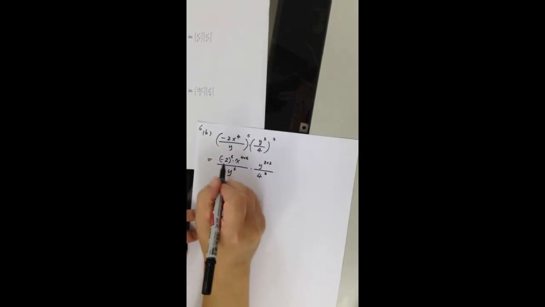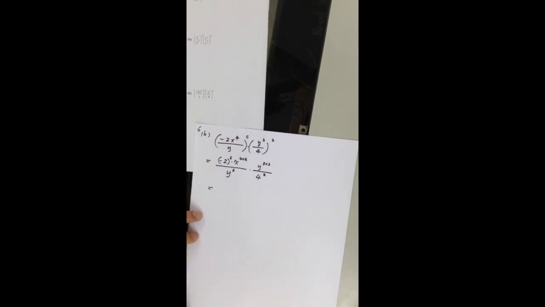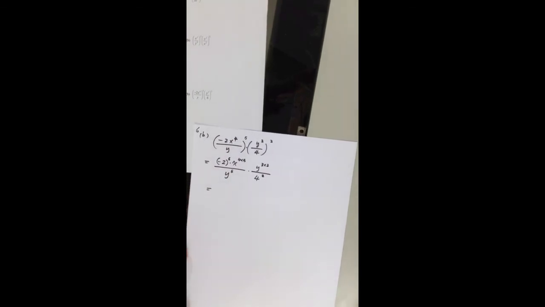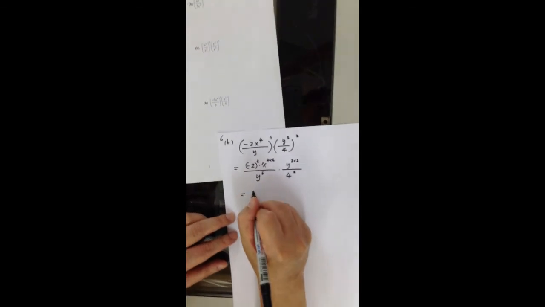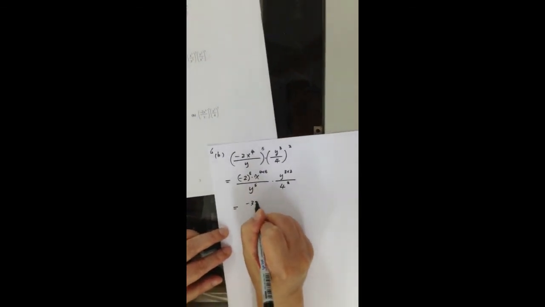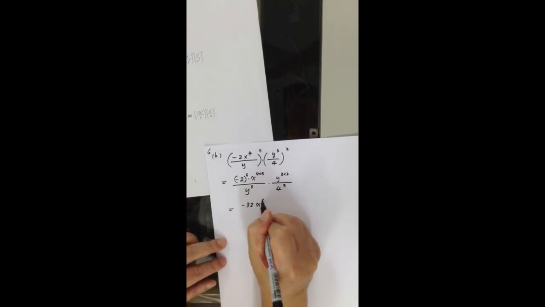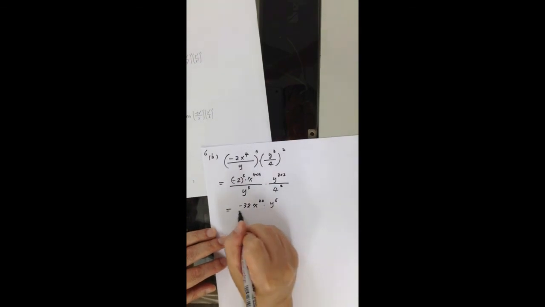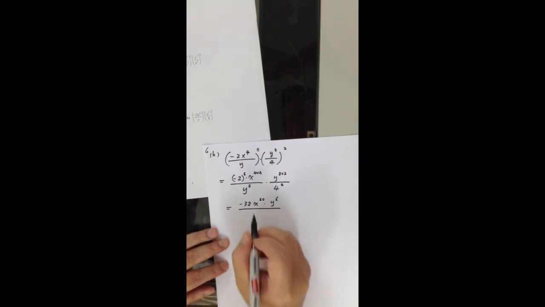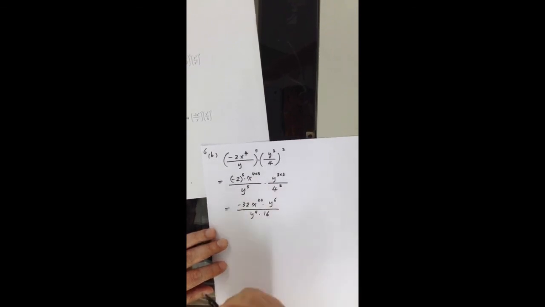And after that, what is the value of negative 2 to the power 5? I give you 5 seconds. Okay, now the answer: negative 2 to the power 5 is negative 32, x to the power 20, y to the power 6, and then for the denominator, y to the power 5 and 16.